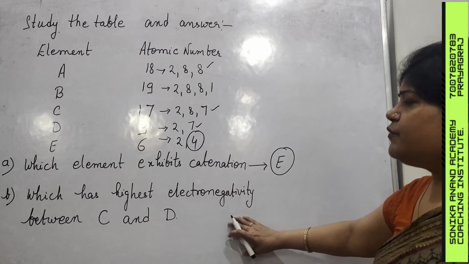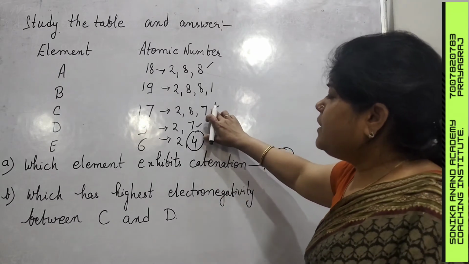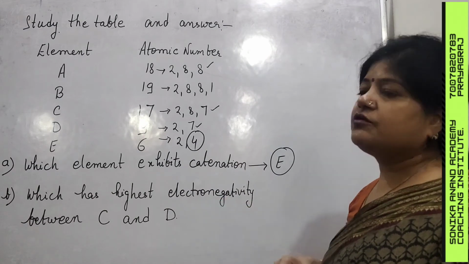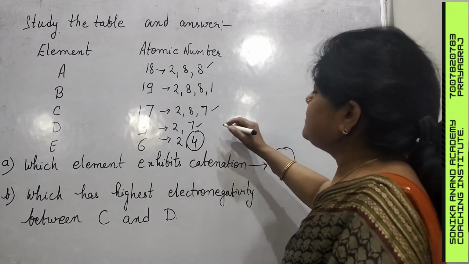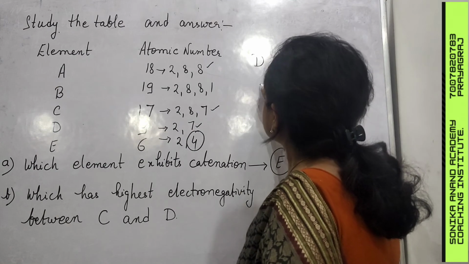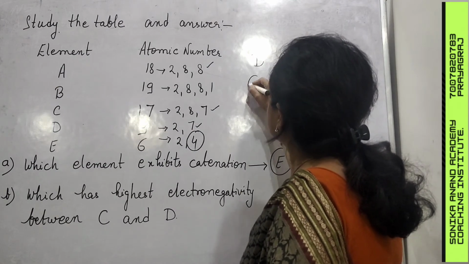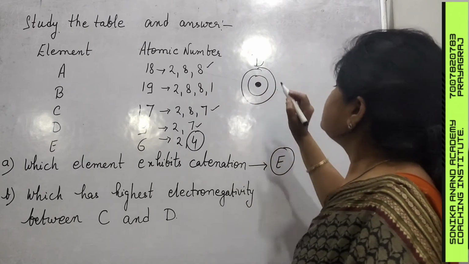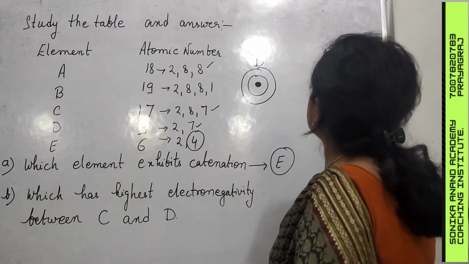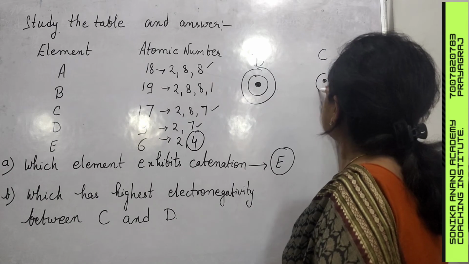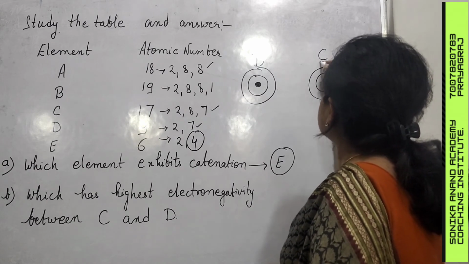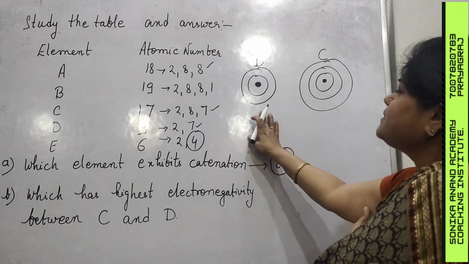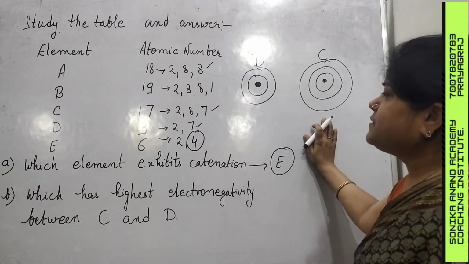But here we have to find, between C and D, which is the highest electronegative. So we can easily say that for D, this is the nucleus, there are only 2 orbits. Here it is 2 and it is 7. Now for C, there are 3 shells in which the electrons are accommodated. So D has the smaller size and C has the bigger size.